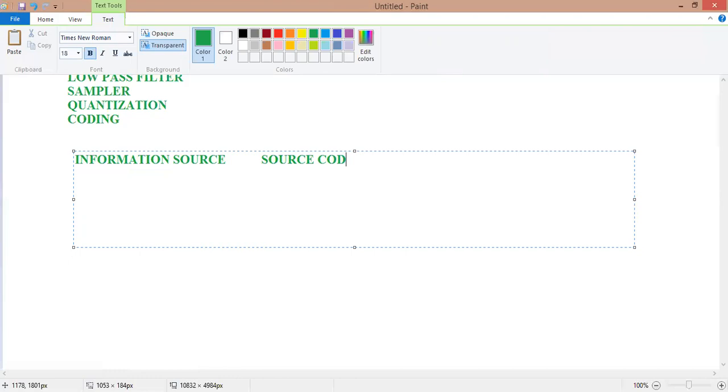In analog communication, they are not present. The source encoding block is not present in analog communication, but it is present here. And what is the benefit of source encoding? In source encoding, data compression is possible.